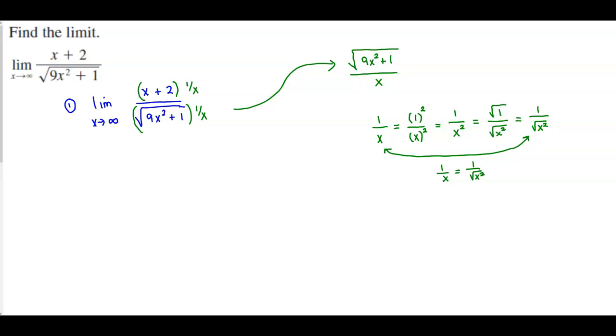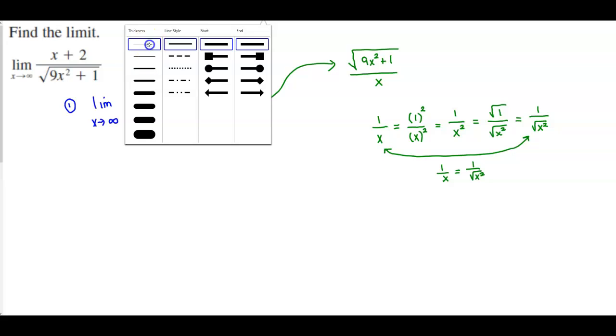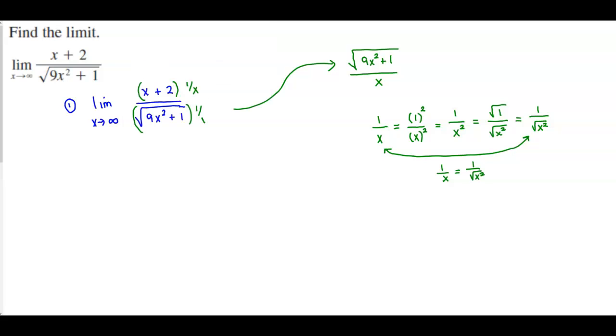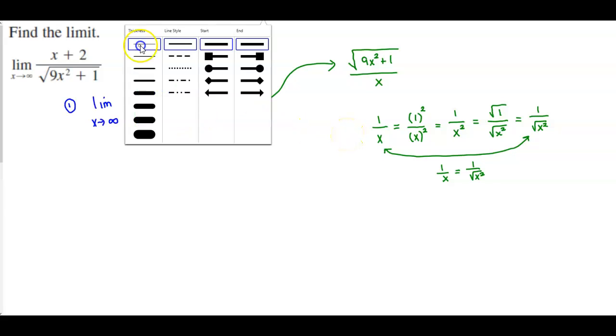If we take a look back at our division, since we're dividing by 1 over x, we know that it's also equal to 1 divided by the square root of x squared. And so that allows us to divide the terms under the radicand, or the radical sign, by x squared. So let's go ahead and do that in the next step.